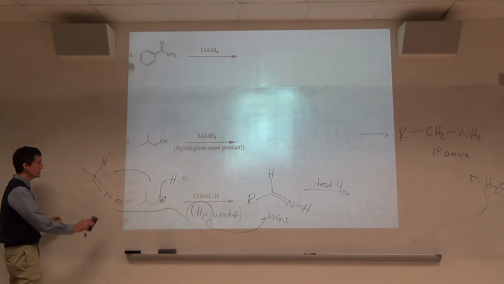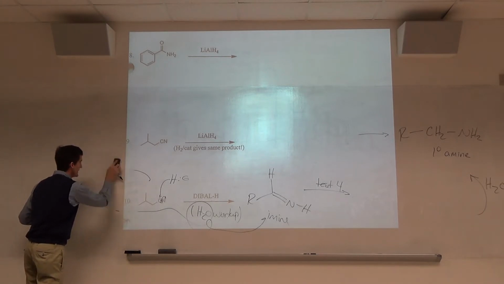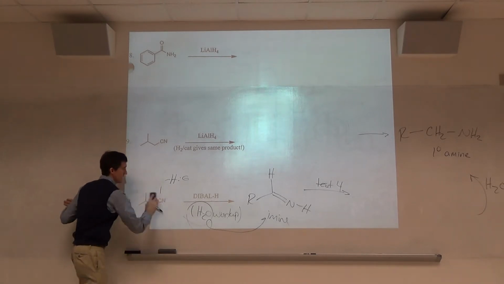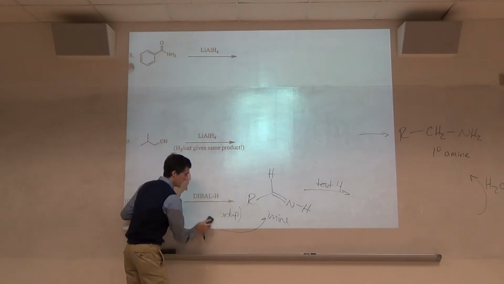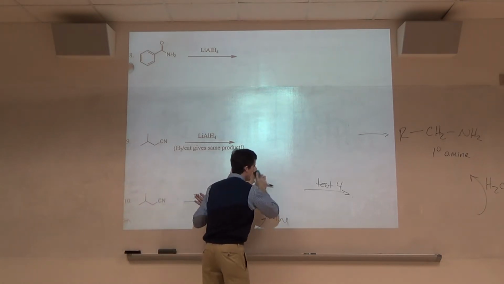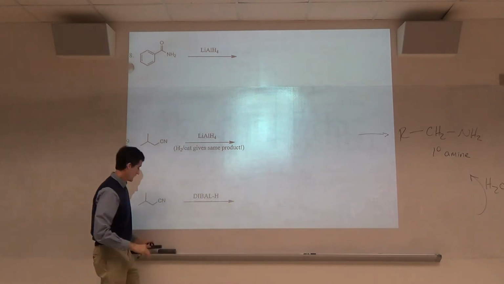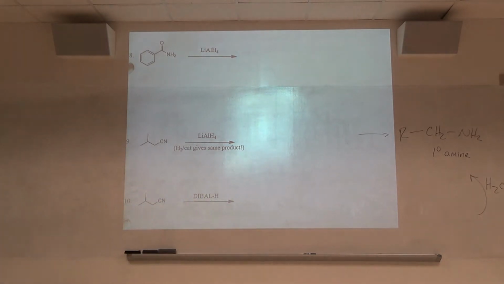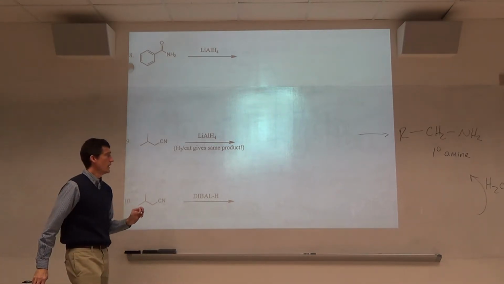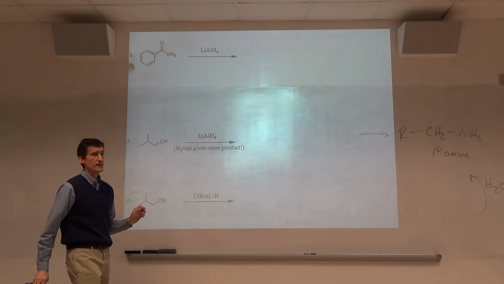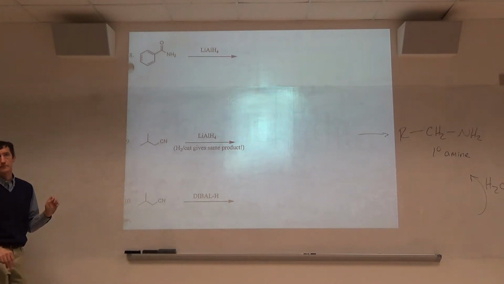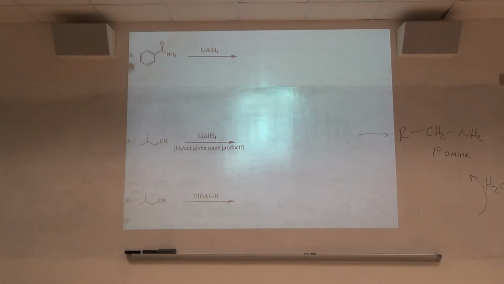Sodium borohydride will do some of these reactions if you include a catalyst, but we're getting kind of into the weeds there. Typically, in general, sodium borohydride only reacts with aldehydes and ketones, or imines, which is a derivative of an aldehyde. LAH will react with acid derivatives, esters, nitriles.